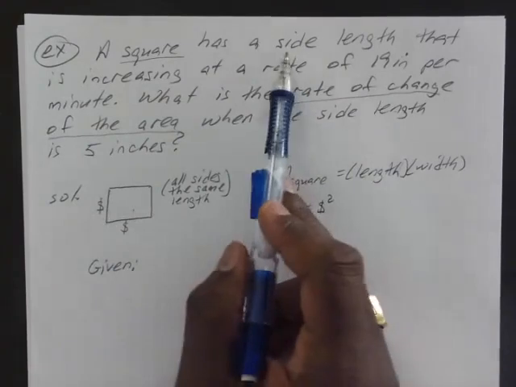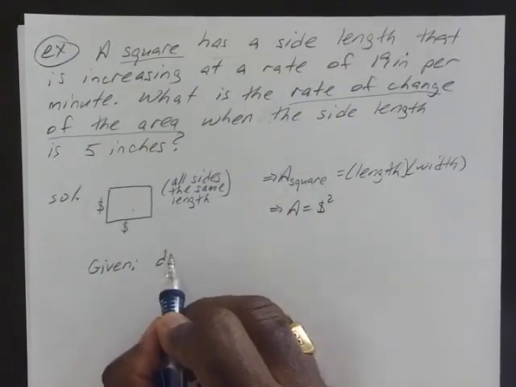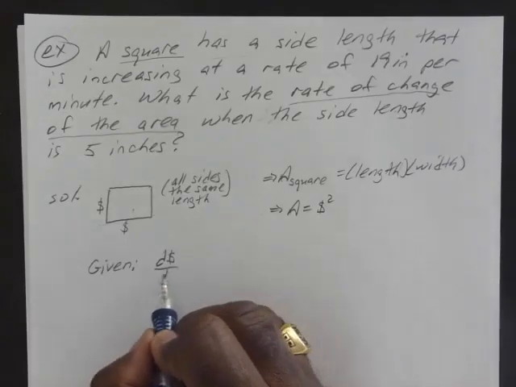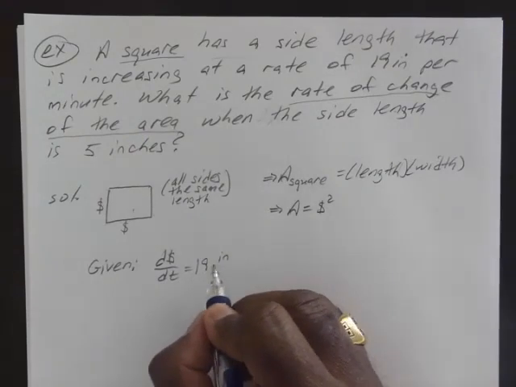Okay, but with this one, we're just looking at the side length. So we know that the rate of change of the side with respect to time is 19 inches per minute.